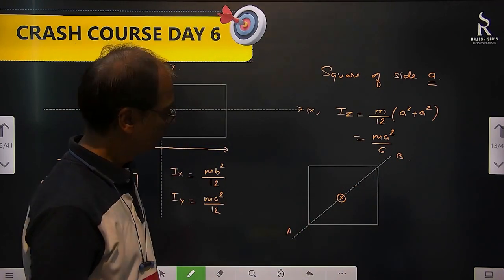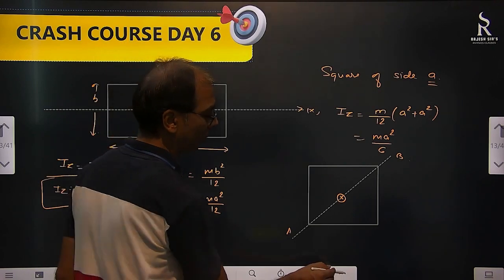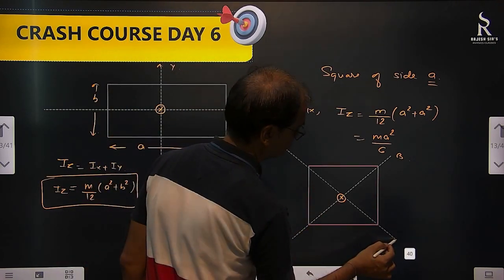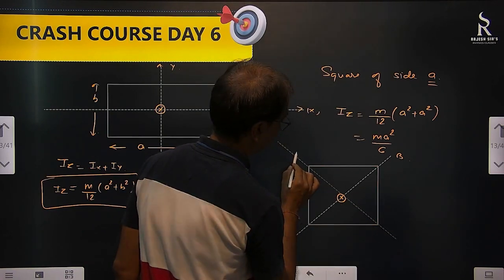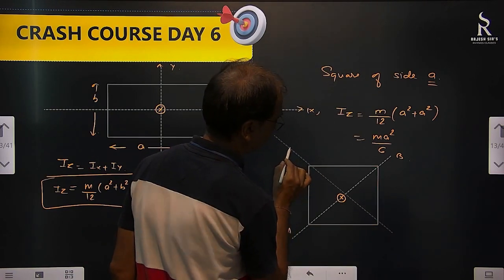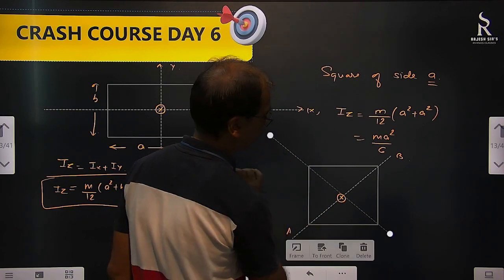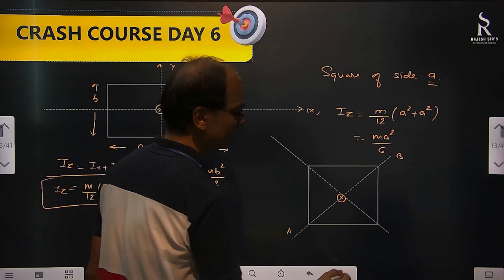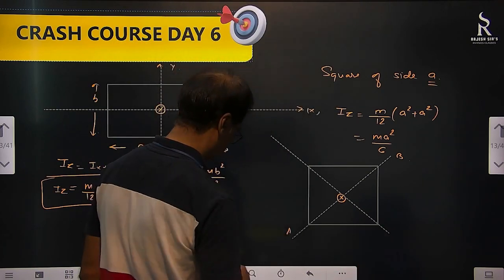What to do? You will say no problem. There is one more diagonal. That diagonal is like this. Now the speciality of the diagonals of a square is that both diagonals are perpendicular to each other. So I can say this is the x-axis and that is the y-axis.